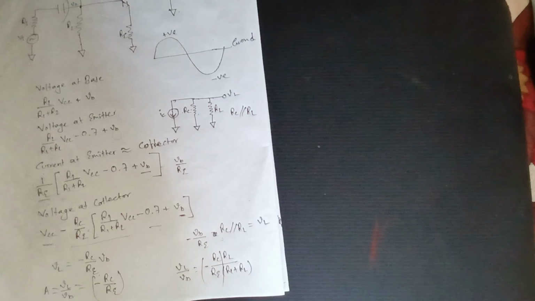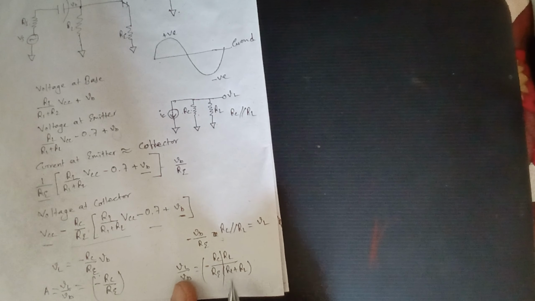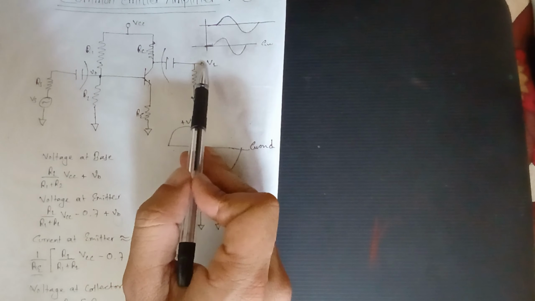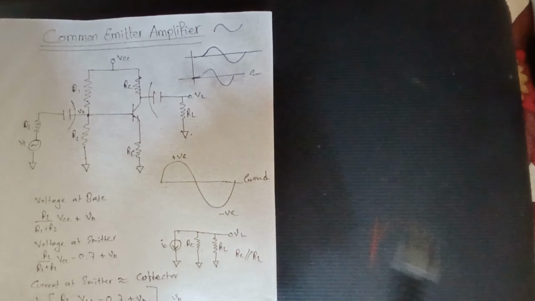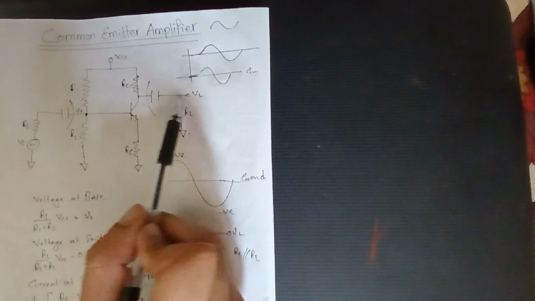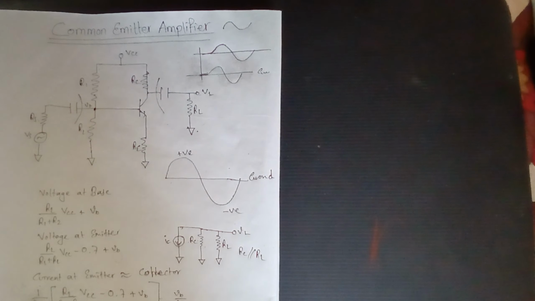So this is the base amplification, and we get the same base amplification here times RL by RC plus RL when we account for AC current passing to and fro in this branch. So this is the amplification formula.